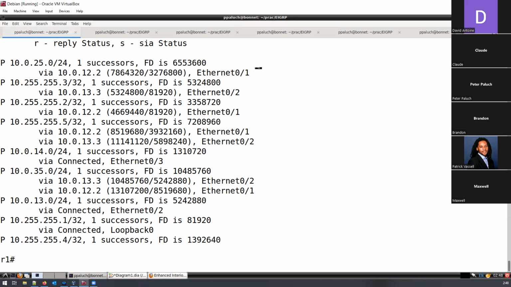A route is active if EIGRP is currently in the process of searching for a replacement route for the destination. A route in the passive state is a good one because EIGRP is happy with it and doesn't need to fix it. A route is in an active state if EIGRP needs to fix it by searching for a replacement route.